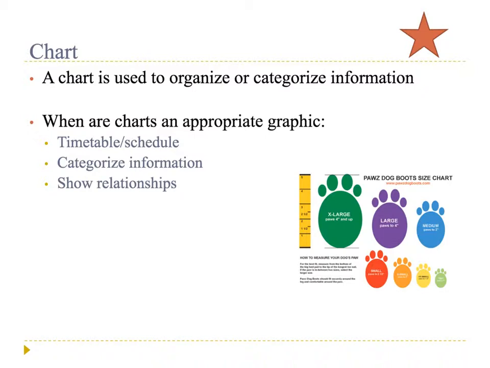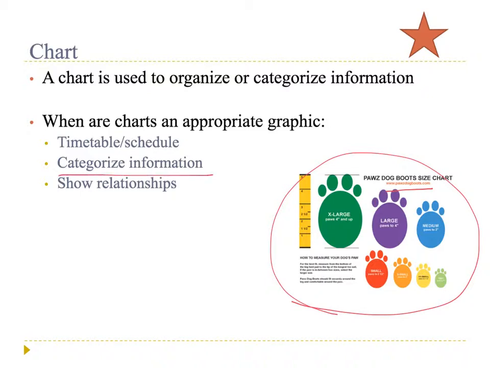So you can see over here, this is categorizing different types of animal or dog paw prints. If you wanted to order a boot for your dog, this is from a website that's selling dog boots, then you would look and see which size your dog's foot is, and it's categorizing that information. So that's why a chart is appropriate here.